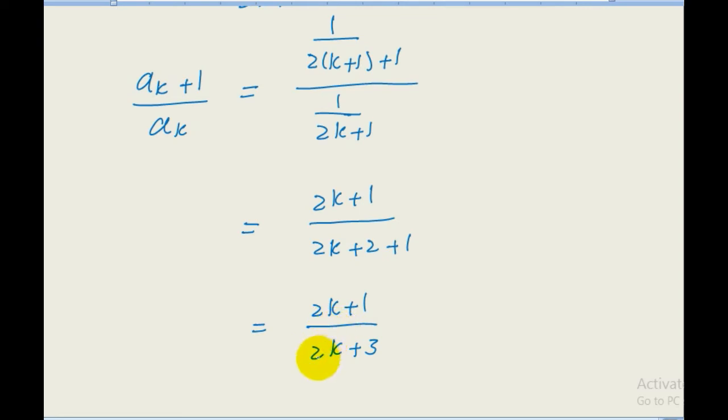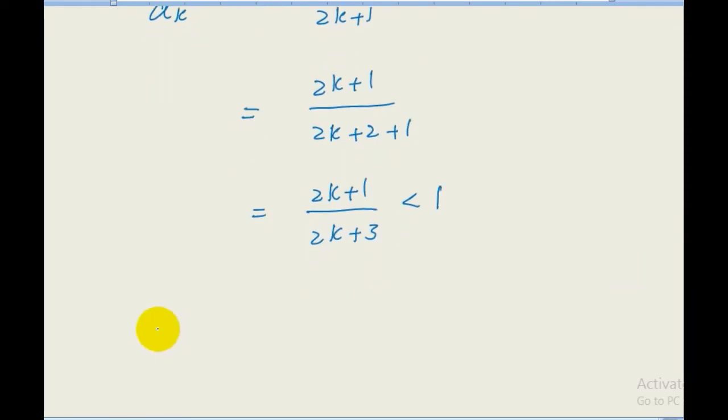Here we see that the denominator is greater than the numerator, so this is less than 1, which implies ak plus 1 upon ak is less than 1.